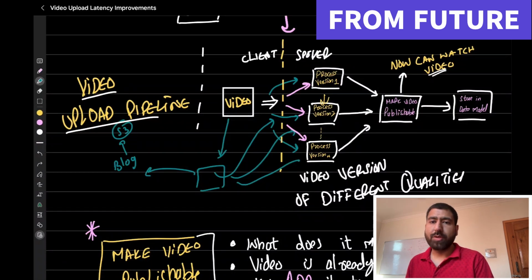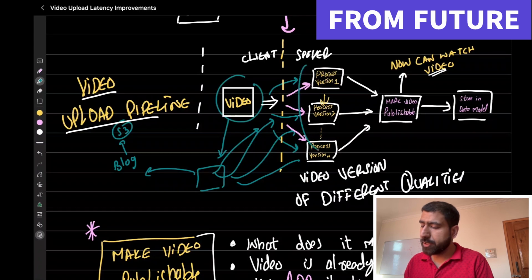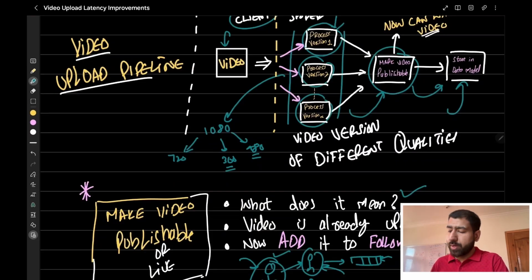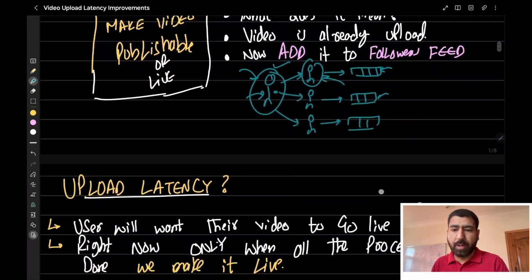I think in the blog post they've abstracted the information, but I believe there'll be a server between this video and these process version workers that will upload it into S3 and share the link with the workers. Normally, this is how we do it: when we send a video from one service to another, we share the link instead of the whole video. And the data that we're storing here will not be the video data, it will be the metadata of the video. Now, I hope you understand the basic flow of their upload pipeline.